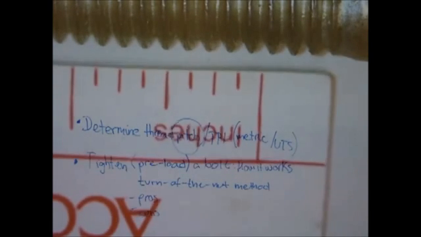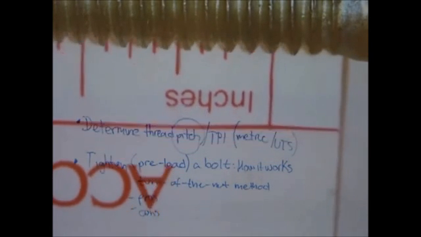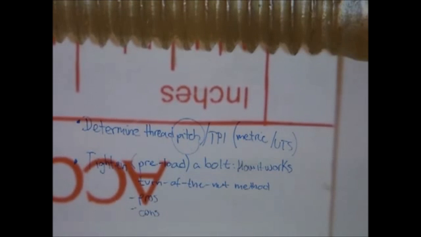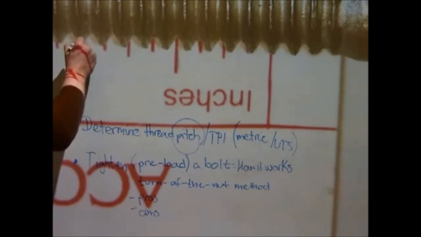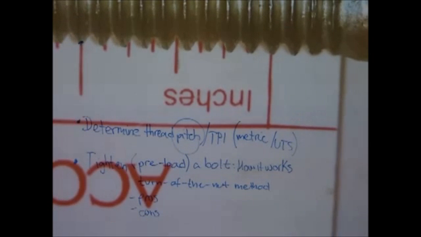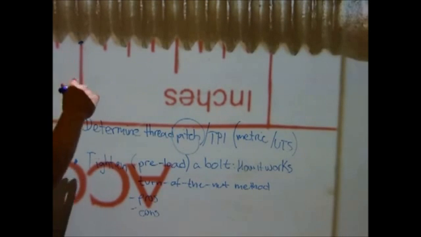So this is how you determine the actual number of it. You grab a tape measure and you line it up like so. You line up any of the crests or any of the roots, for example, but we'll go with crests on this one and we'll go with the roots on the other one, on a metric example.